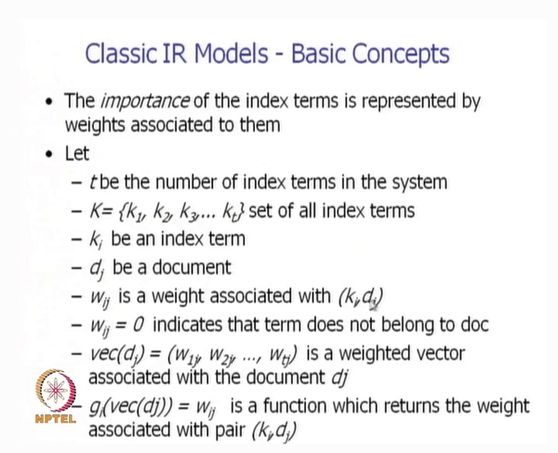So, Ki comma Dj, this tuple is a combination which shows the importance of the keyword Ki in the document Dj. Wij equal to 0 indicates that the term does not belong to the document. In particular, if we stick to a Boolean situation where the weight value is 1 or 0 expressing presence or absence of a keyword in the document, then this is a particular way of assigning weights to the terms.